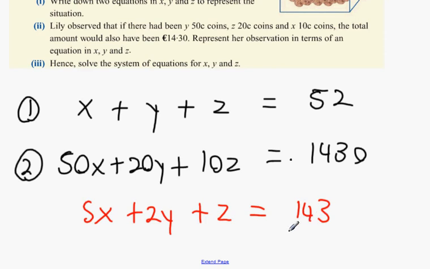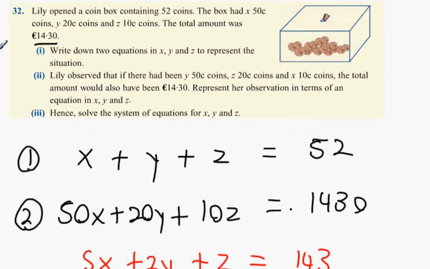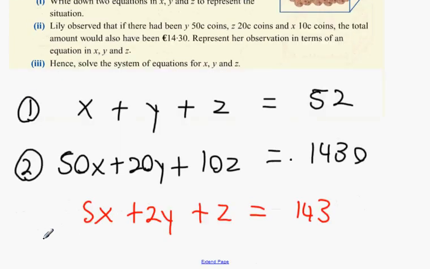Okay, that's equation 2. Now, Lily observed if there had been y 50-cent coins, z 20-cent coins, and x 10-cent coins, the total amount would have been €14.30 as well. So we're going to write down equation 3. Equation 3 comes from part 2 of this question. So start off with x 10-cent coins: 10 multiplied by x, whatever this number x is.